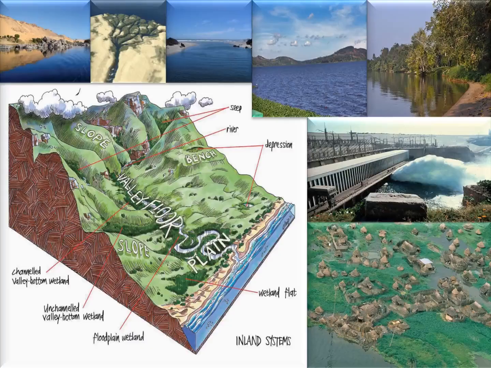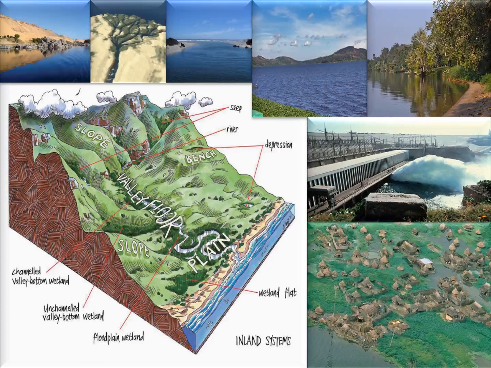The SANBI wetlands classification system is based on a series of its own classification steps, levels, and it allows for the classification and identification of different water resource types from the source in the mountain right down to the sea.